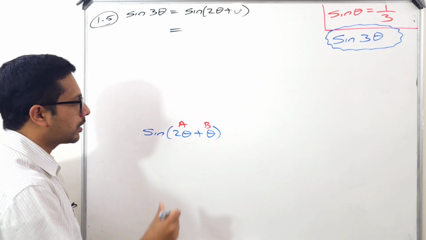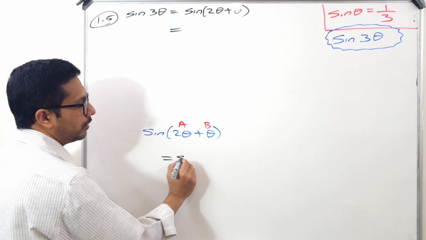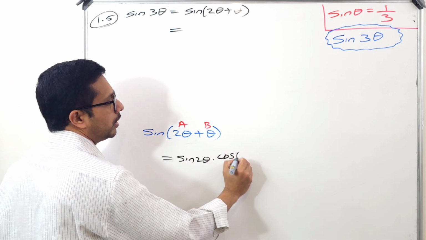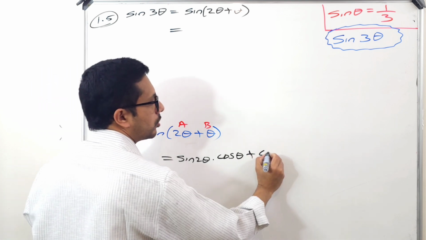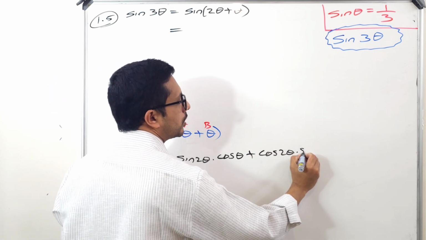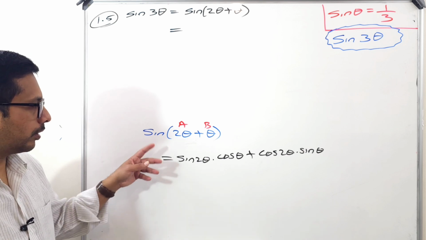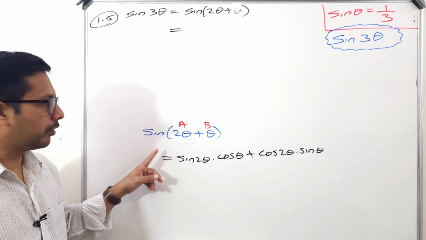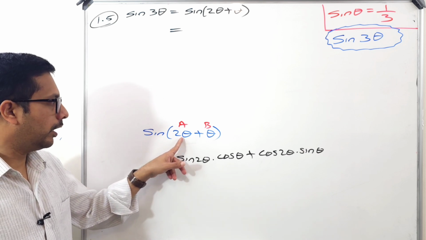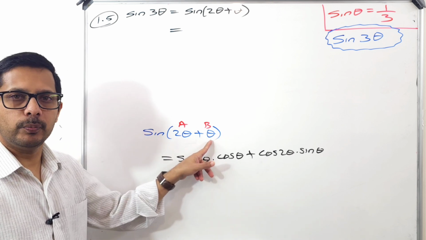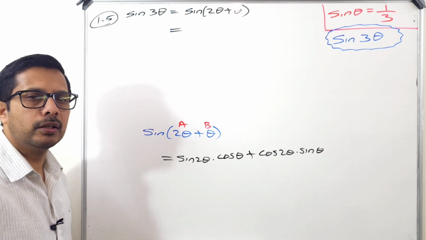So it is sine 2 theta into cos theta plus cos 2 theta into sine theta. I am applying the compound angle formula: sine A cos B plus cos A sine B. I hope you already studied compound angle.